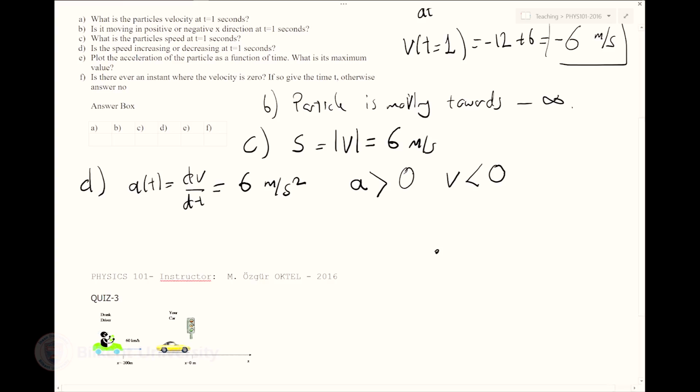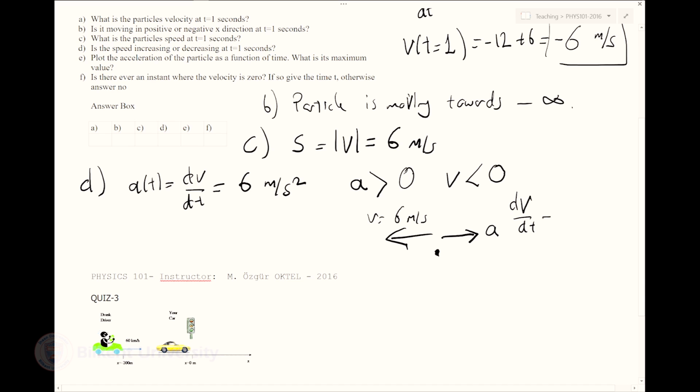Now, I am moving at t equals 1 second. My v is minus 6 meters per second. But my acceleration is in the other direction, right? A. So a moment later, just a moment later, just dt later, what will happen to my speed? My speed, v, as you remember, dv dt is a.